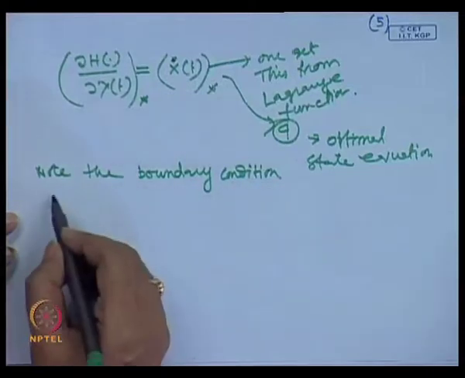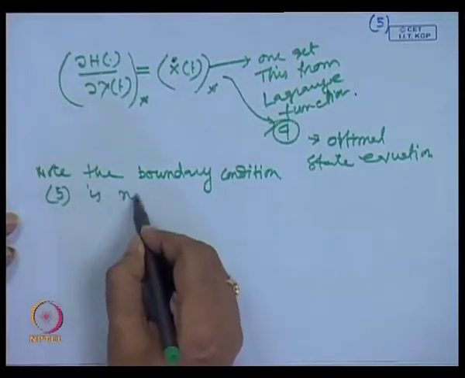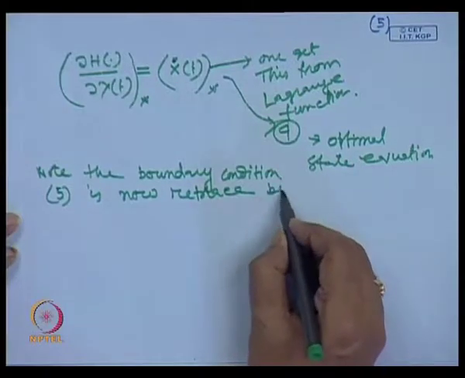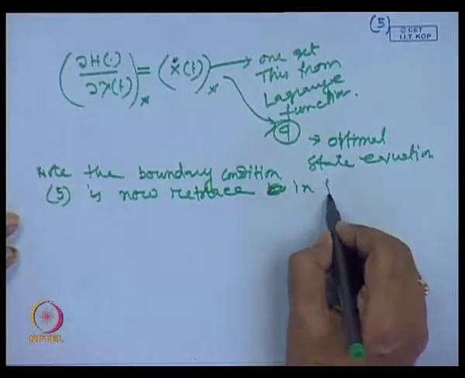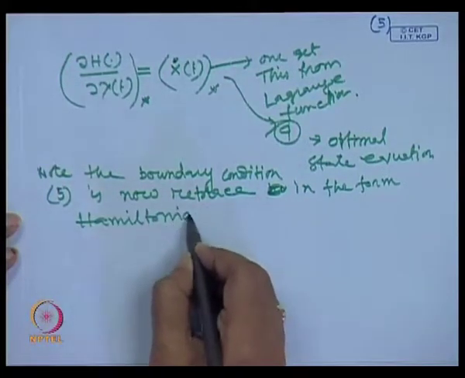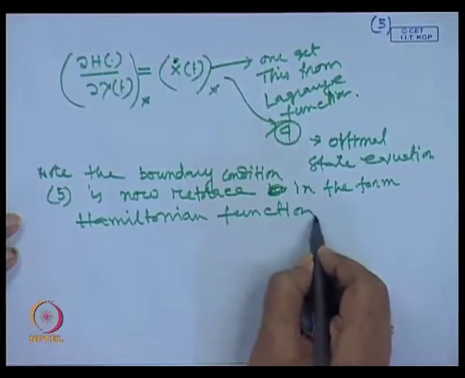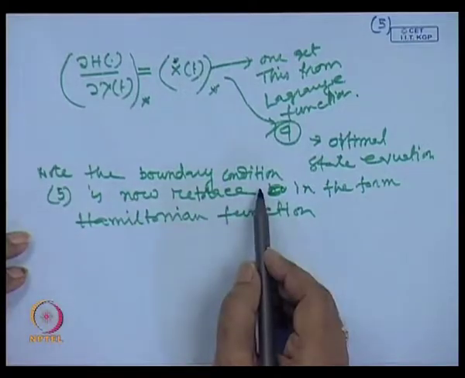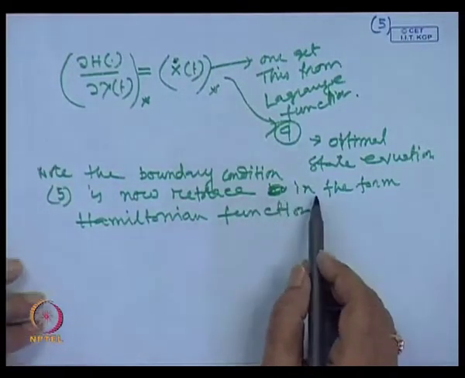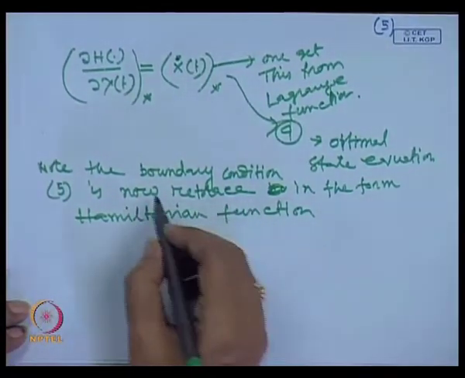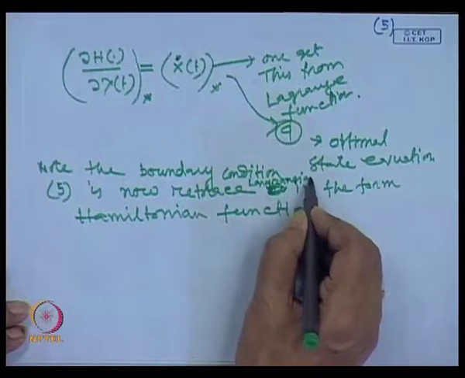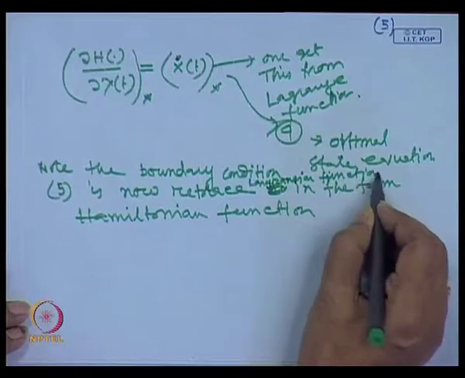So boundary condition 5 is now replaced by the Lagrangian function in the boundary condition in the form of the Hamiltonian function.